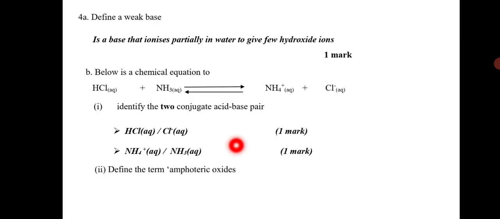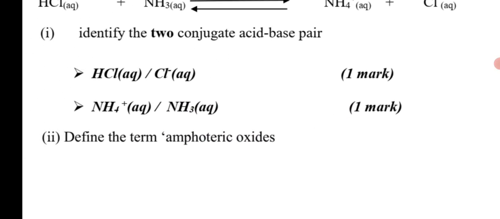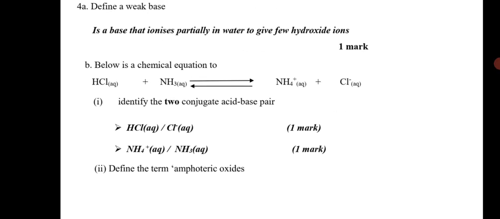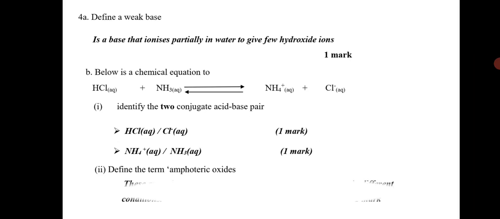Define the term amphoteric oxide, amphoteric substance. Remember that some substances may behave like acids under certain conditions and as bases under different conditions. Such substances are called amphoteric substances.